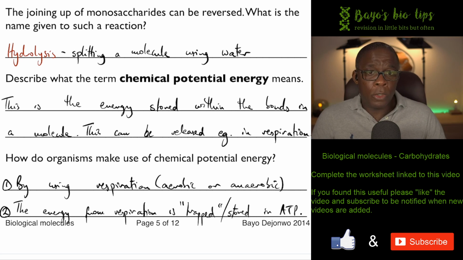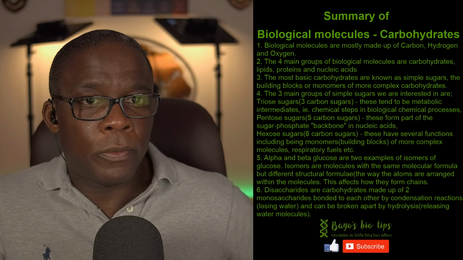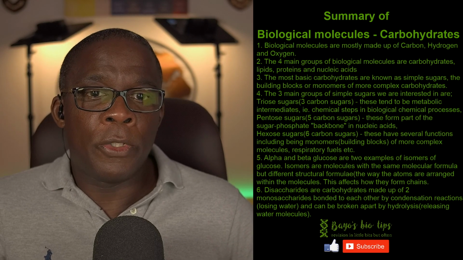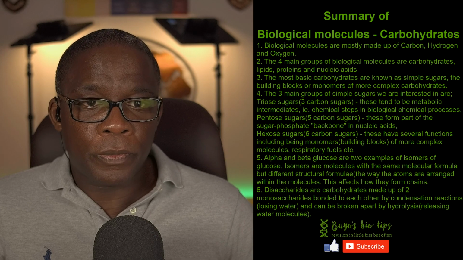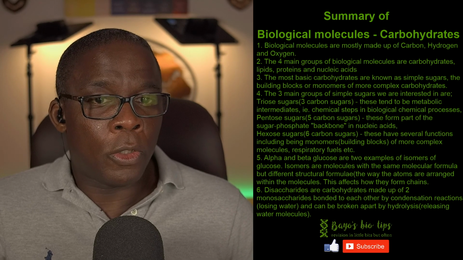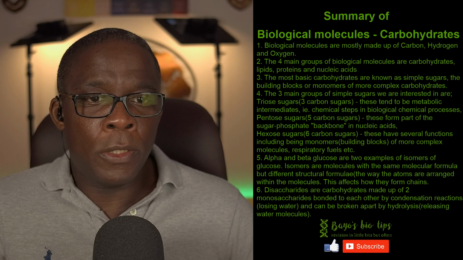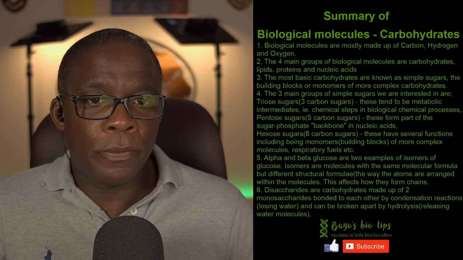Okay, so that's where I would like to stop in this video. We will go on to the second half of the worksheet in the next video. So let's do a quick summary of what we've done so far. Biological molecules are mostly made up of carbon, hydrogen, and oxygen. The main groups of biological molecules we'll be looking at are carbohydrates, lipids, proteins, and nucleic acids.